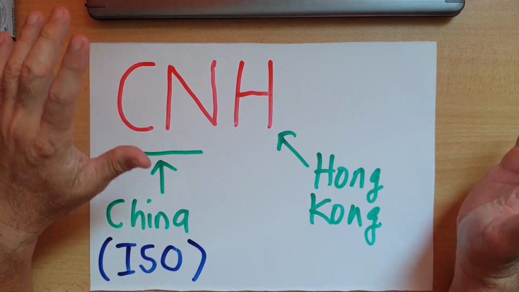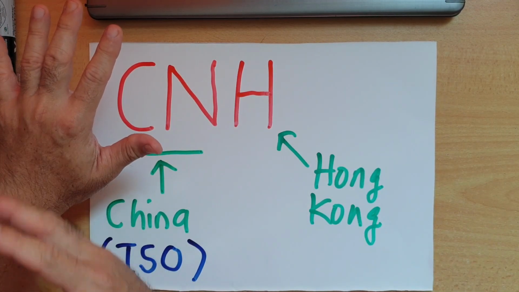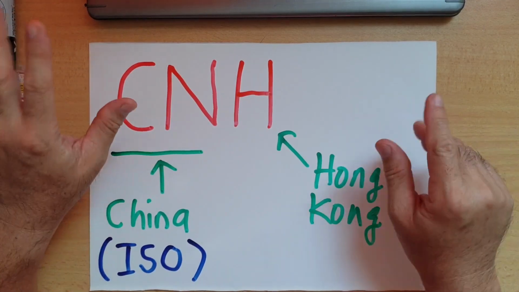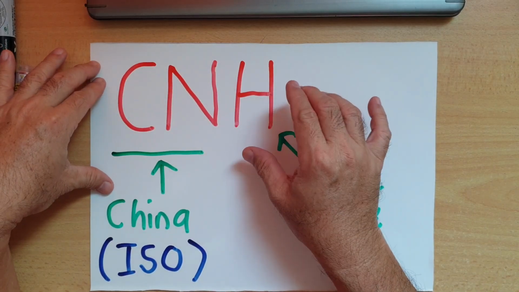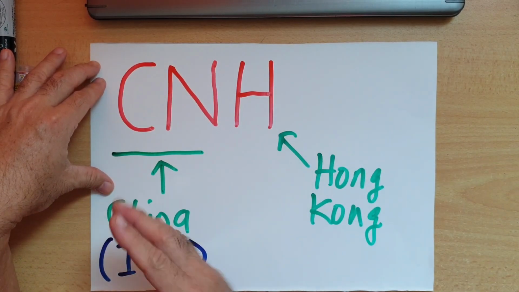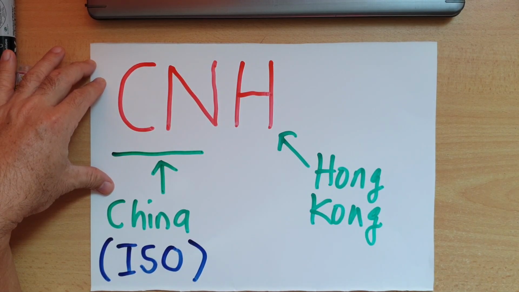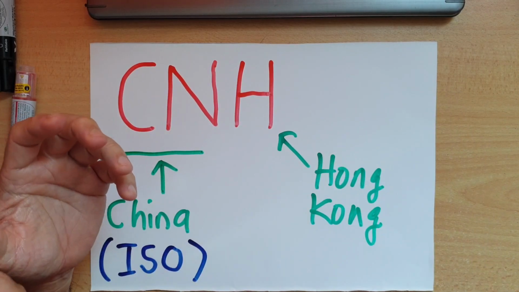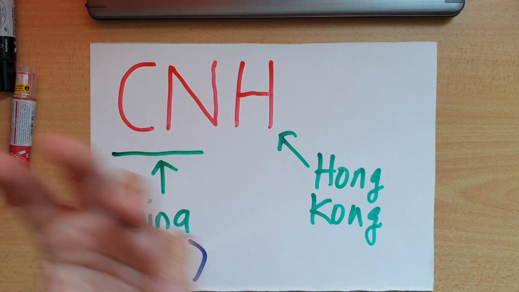Because the first batch of renminbi that the Chinese government allowed to flow out, to satisfy the international needs for renminbi for international trade settlement and business transactions, came through Hong Kong. That's why they put the letter H. Of course, now the Chinese government has made a lot of swap agreements. Swap means the Chinese government gives renminbi to a foreign government, and the foreign government gives their own domestic currency to the Chinese government.